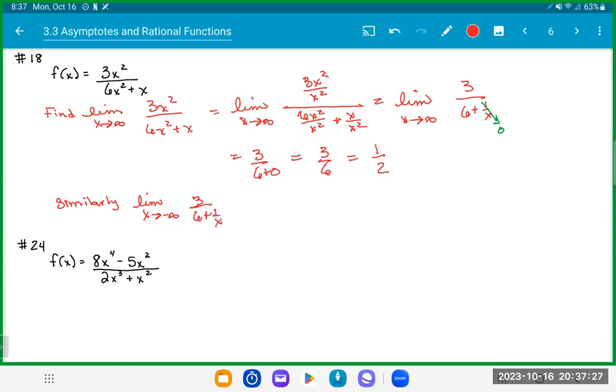When you plug in negative infinity, that's still going to drive down to 0. And so this will be 3 over 6, which is 1/2. So we have a horizontal asymptote at the line y equals 1/2.